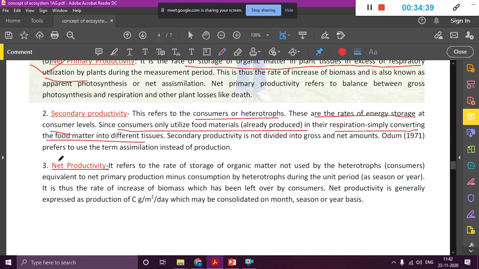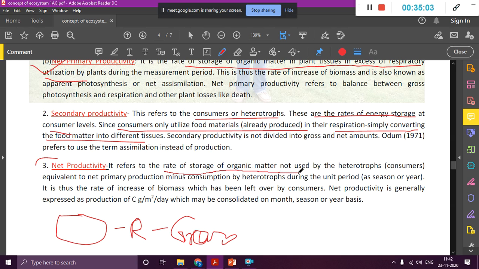Then you have the net productivity. Here you have the whole primary productivity minus that used for respiration, minus that used by herbivores during grazing. So it refers to the rate of storage of organic matter not used by heterotrophs, equivalent to primary net production minus consumption by heterotrophs during that unit period.